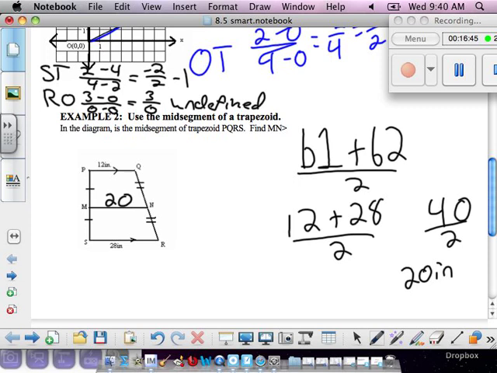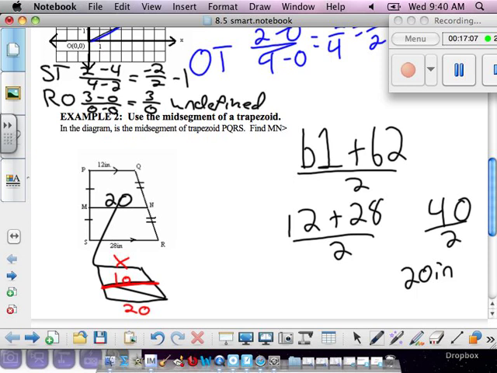Okay. All right. So what if I was given a trapezoid, because I know this is going to come up in your homework, where the mid-segment was 10, this is x, and this is 20. What would I do?